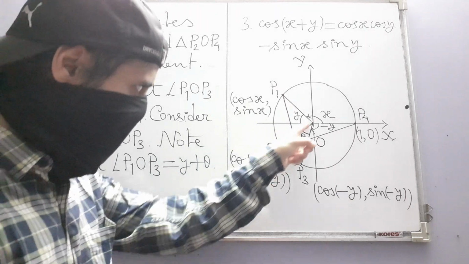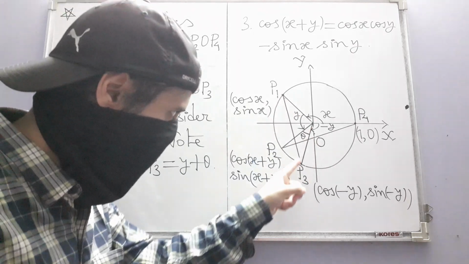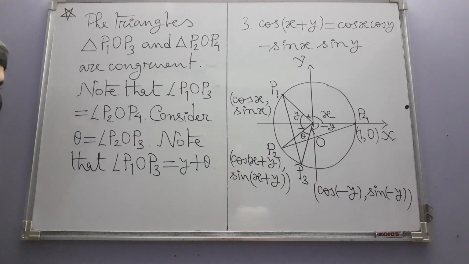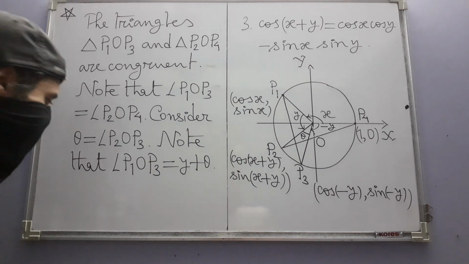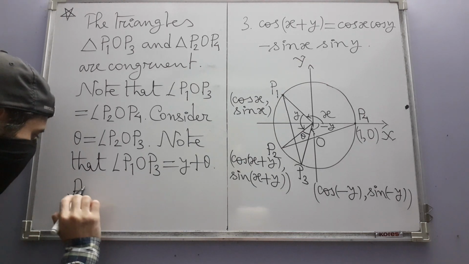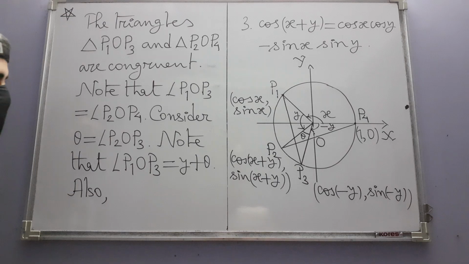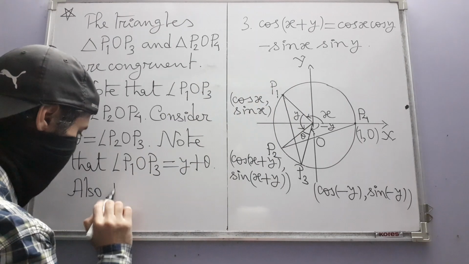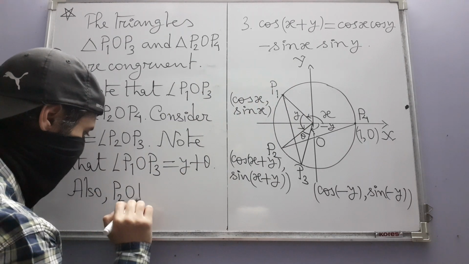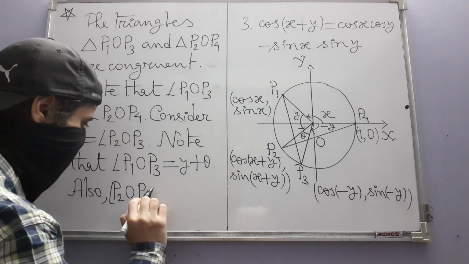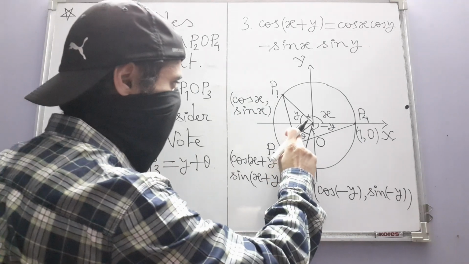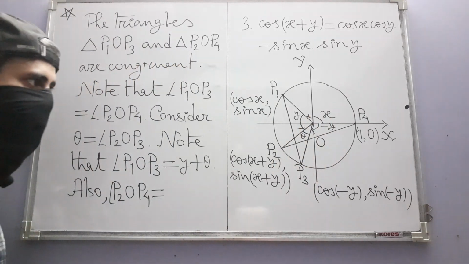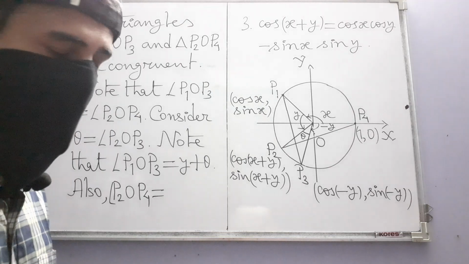This angle and this angle give you this angle. Also, P2OP4 is theta plus y. That's why I said magnitude.